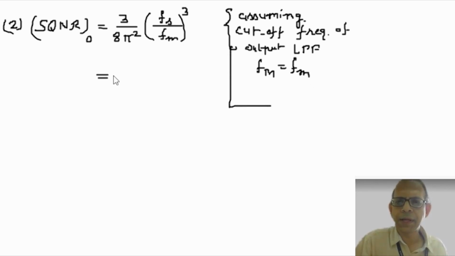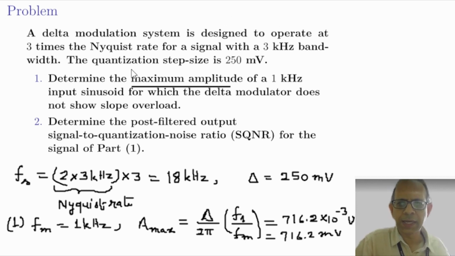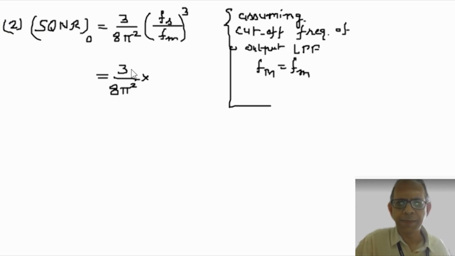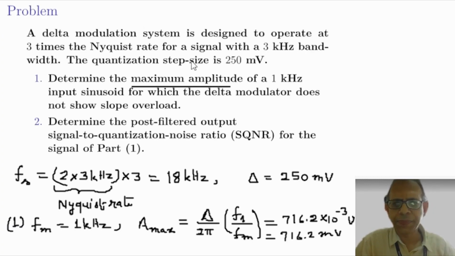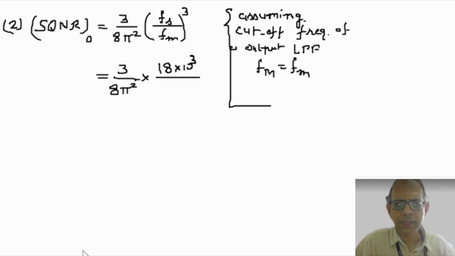And now after plugging in the values, 3 upon 8 pi squared into Fs is 18,000 samples per second. So 18 into 10 to the power 3 upon Fm is 1 kilohertz.